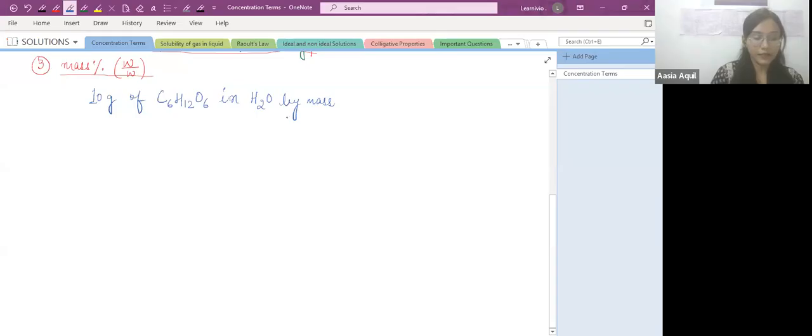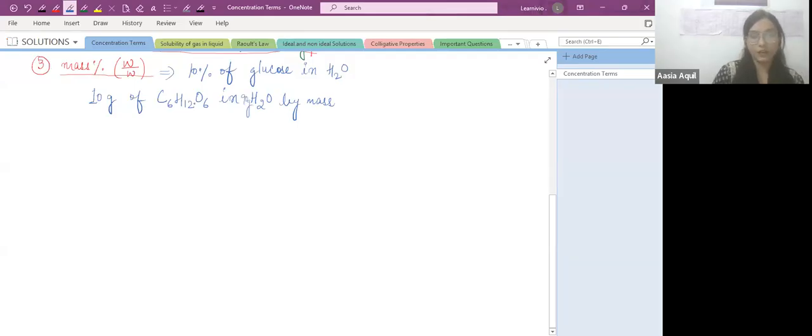So it means 10 gram of glucose is dissolved in how many grams? See, 10% of glucose in water, if I say. What does it mean? That 10 gram of glucose in how many grams of water? 90 grams of water, right?